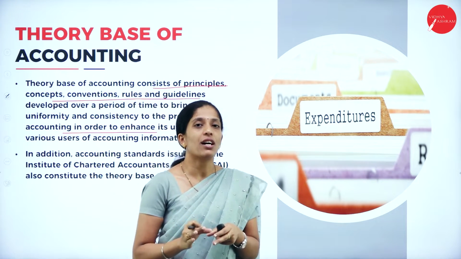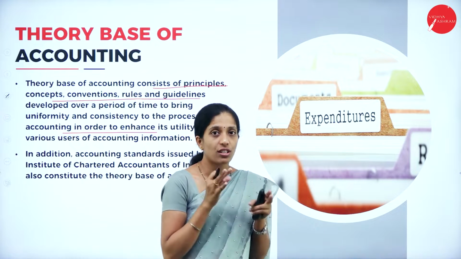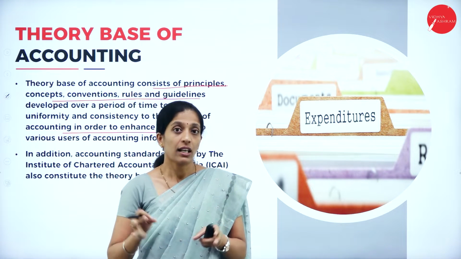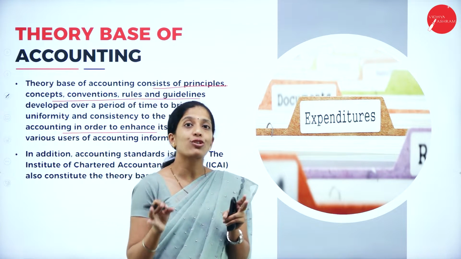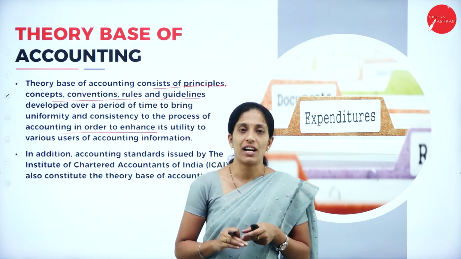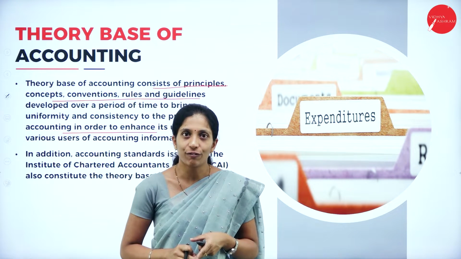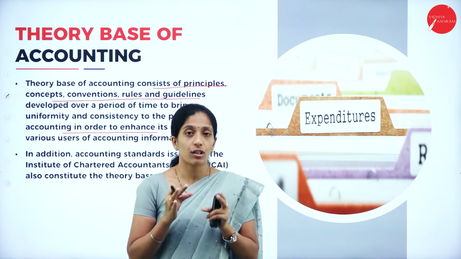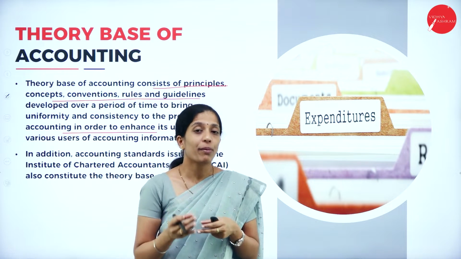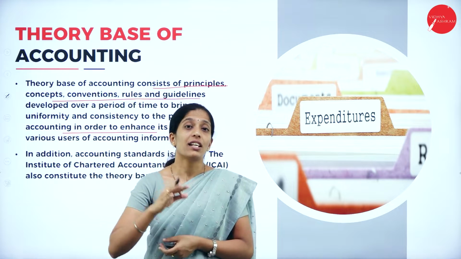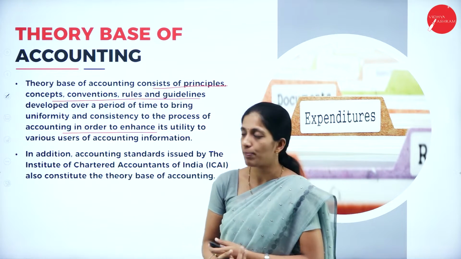It's because if one organization is following all these theoretical aspects and the other is not, then the profitability of these two organizations cannot be compared because there is no uniformity in the accounting information. So, to bring uniformity and to make the comparison easy, the theory base of accounting is very important.